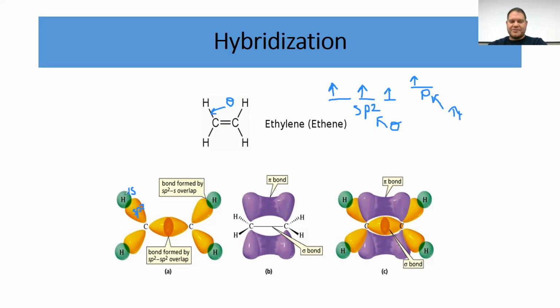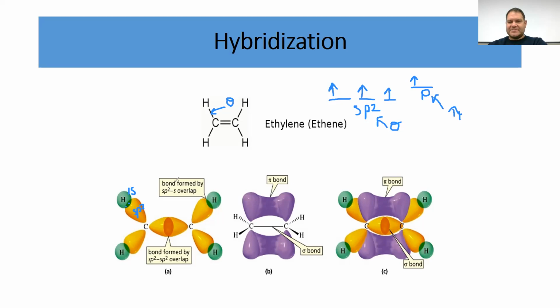The 1s orbital is from hydrogen, and it's going to overlap with the sp2 hybrid orbital of this central carbon atom. And that's going to form a shared pair of electrons in that overlap.